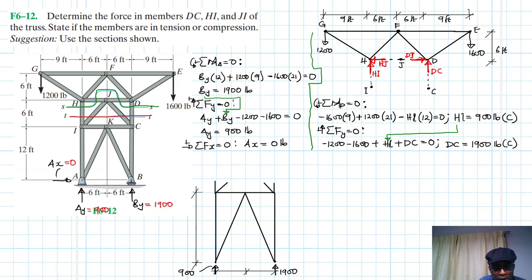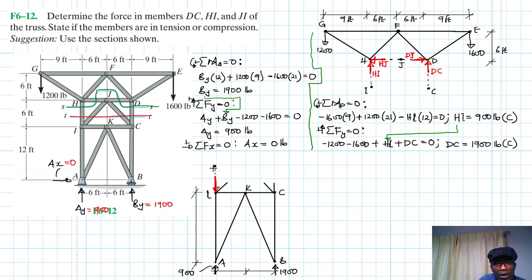Okay, this point here is B, this one here is A. Then this one here is K, this one here is I, and then this one is C. So this force here, we already found it, because if we take this one up, it goes up to somewhere there.